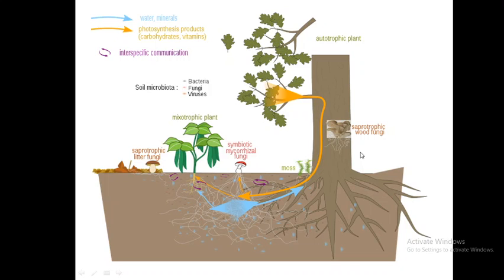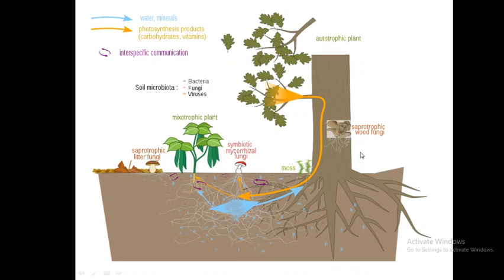In this, the fungi belong to Basidiomycotina, which covers both gymnosperms and angiosperms. Ectendomycorrhiza shows many of the same characteristics of endomycorrhiza, but shows extensive intercellular penetration.